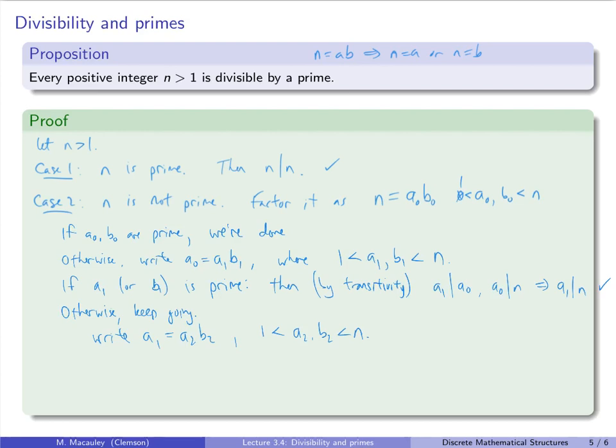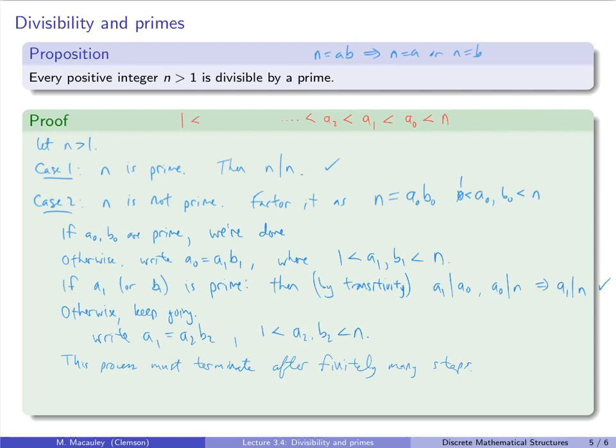And then at some point, this process will terminate. So this process must terminate after finitely many steps, and why is that? Well, it's because we're starting with n, and then we're getting a naught, which is smaller, and we're then getting a1, which is smaller than that, and then a2, and then all the way down, and all of these are bigger than 1.